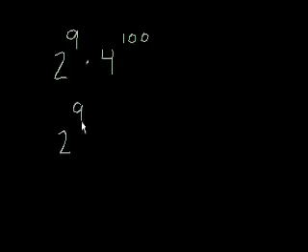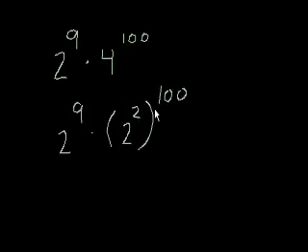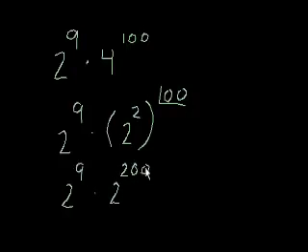This is the same thing as 2 to the 9th times 2 squared to the 100th. And the rule I'm going to teach you now is that when you have something to an exponent and then that number raised to an exponent, you actually multiply these two exponents. So this would be 2 to the 9th times 2 to the 200th. And by that first rule we learned, this would be 2 to the 209.